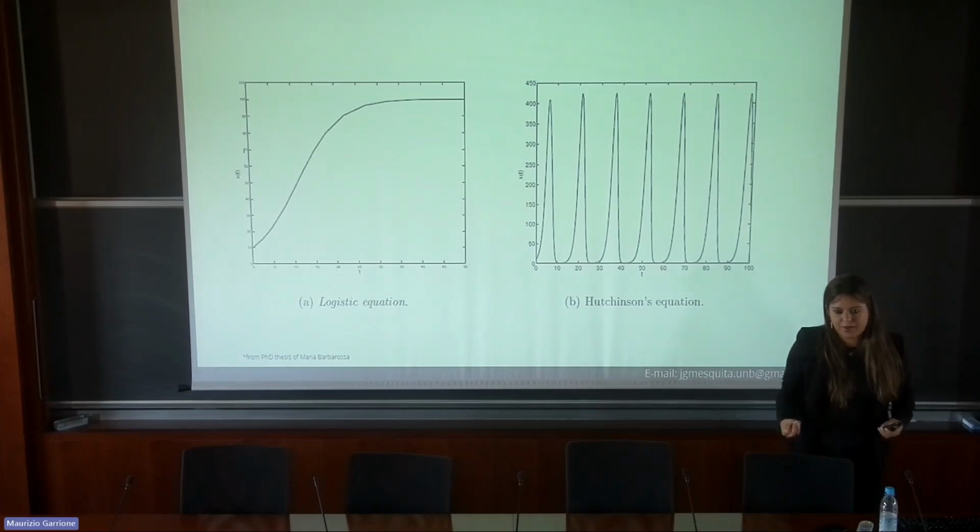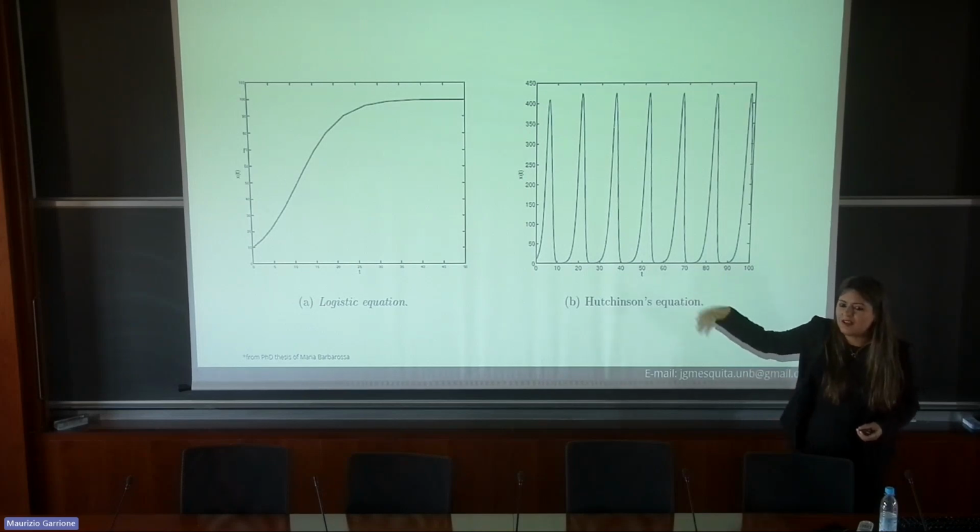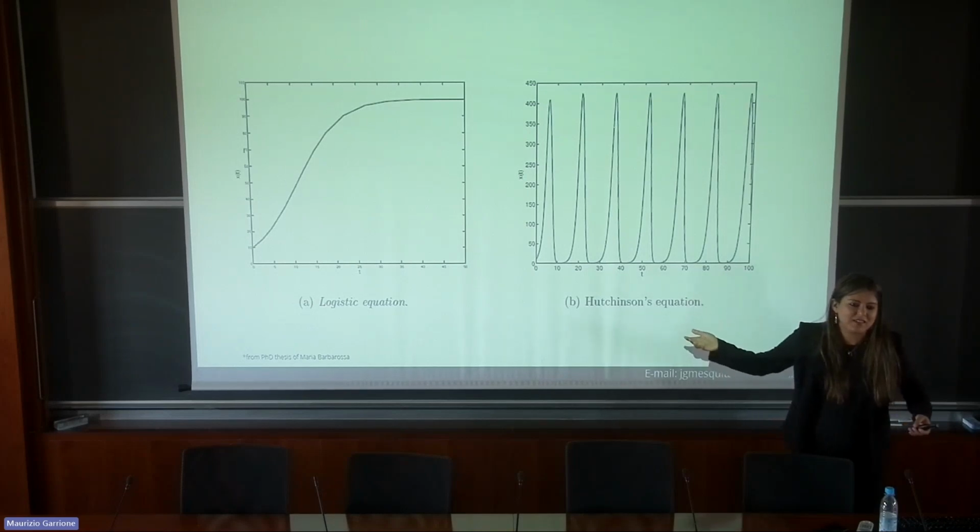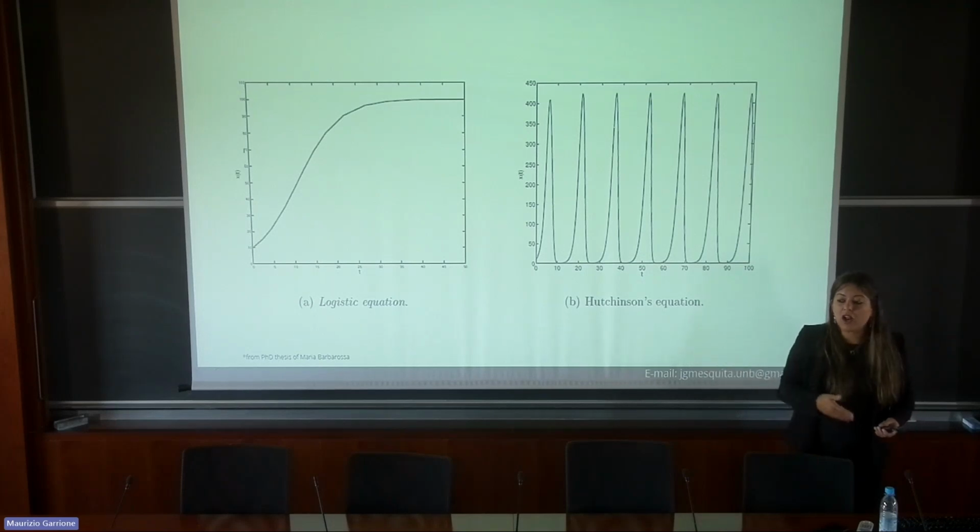Maybe you are thinking, okay, but how does a population model like that look? It seems strange. However, there are a lot of populations that really have this oscillation in their behavior.